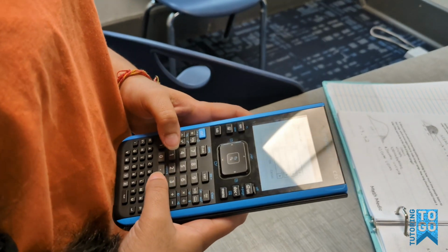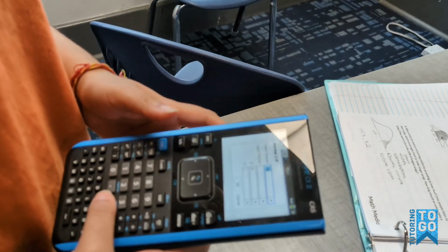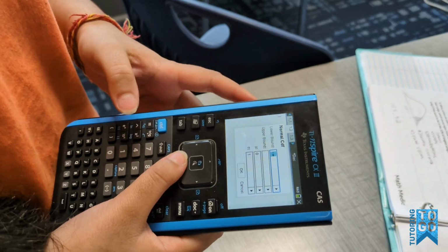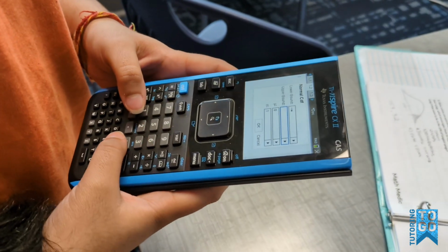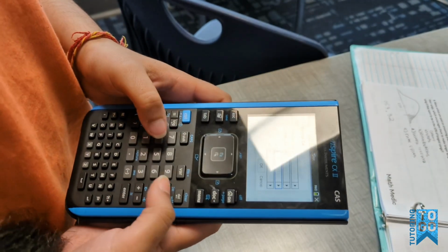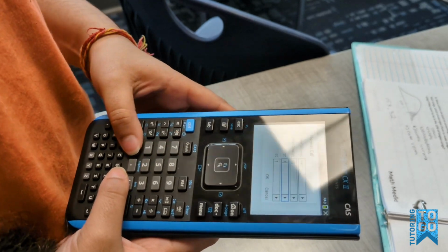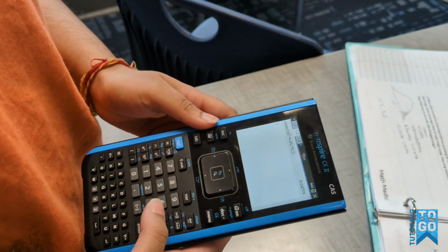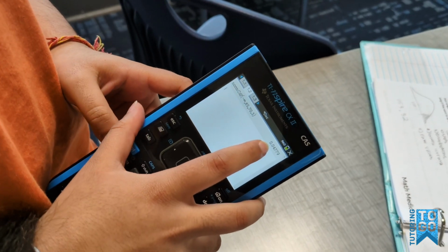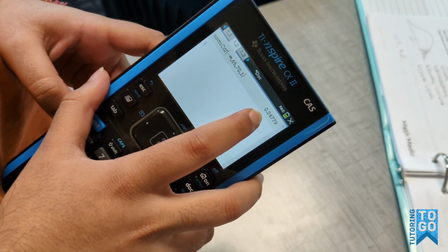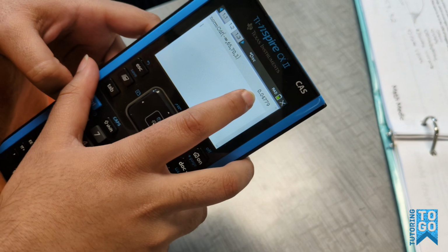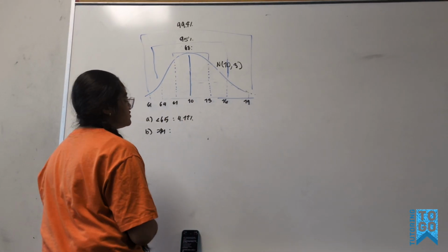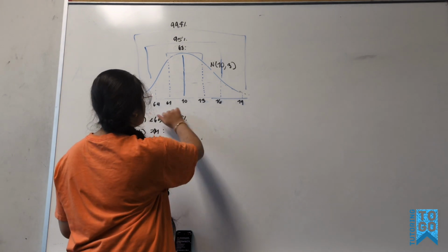So since we're trying to find any number that's less than 65, our lower bound is going to be negative infinity, and our upper bound is going to be 65. And then our mean, which we were given, was 70, and our standard deviation was 3. Then you can just hit OK on the calculator, and it tells us that the percentage of numbers less than 65 is 4.77%.